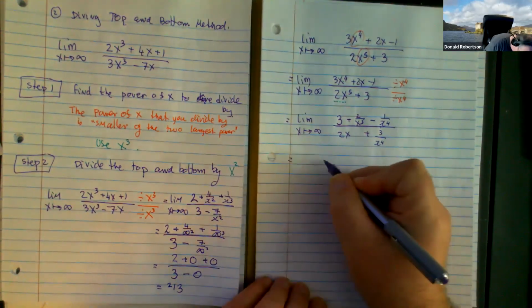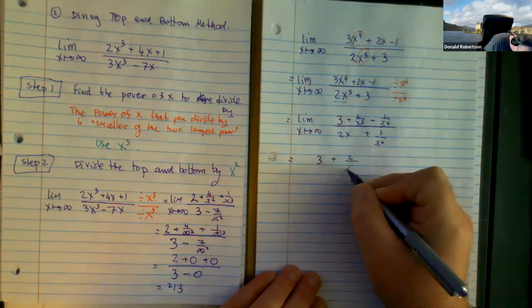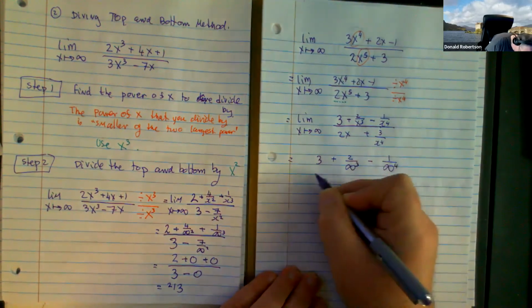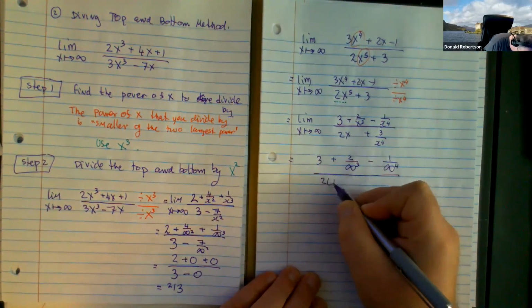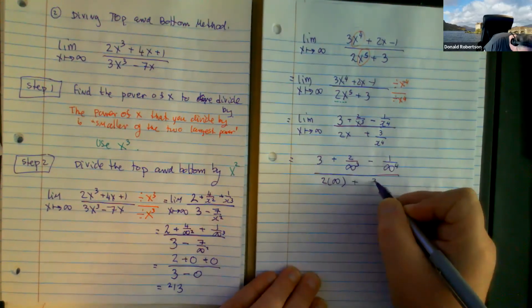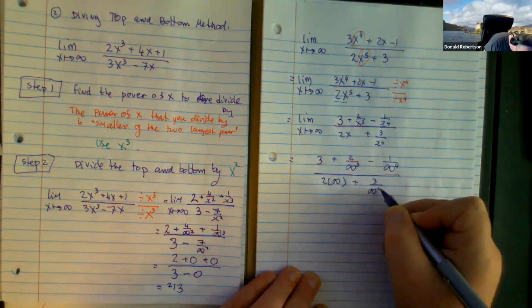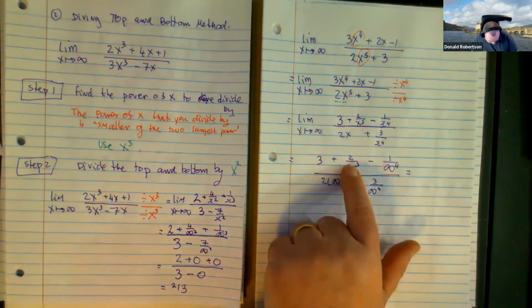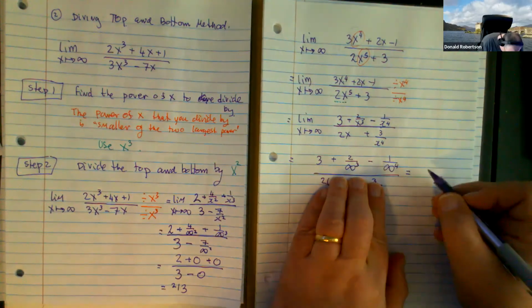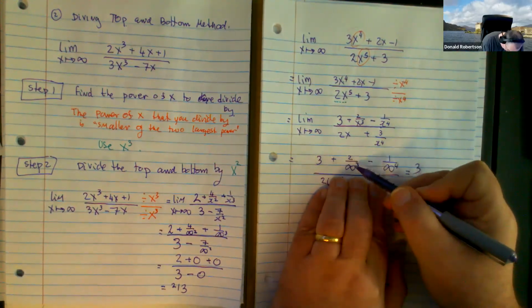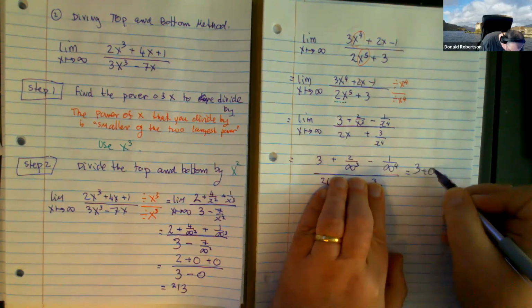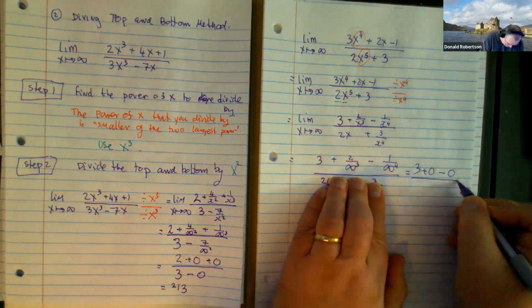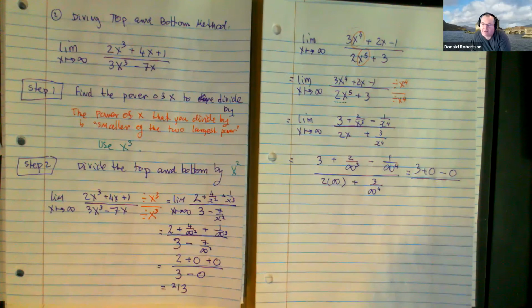So let's see what we get. We have 3 plus 2 over infinity cubed, take away 1 over infinity to the 4, and then it's 2 times infinity on the bottom, plus 3 over infinity to the 4. Okay, and we're hopefully getting a little bit more comfortable with calculations involving infinity. So I've got a 3. 2 over infinity just gets me to 0. Minus 1 over infinity gets me take away a 0. Okay, what does 2 times infinity get you?